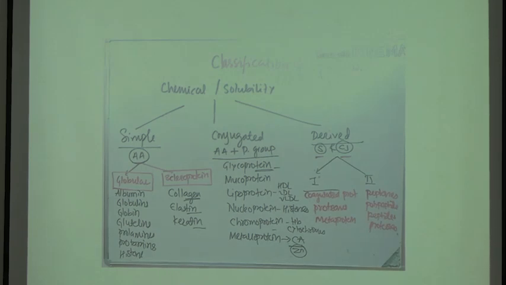Next classification, on solubility and chemical structure. These are the simple protein, conjugated protein, and derived protein. Simple proteins, they will have only amino acids. Conjugated protein, they will have amino acid attached with a prosthetic group.